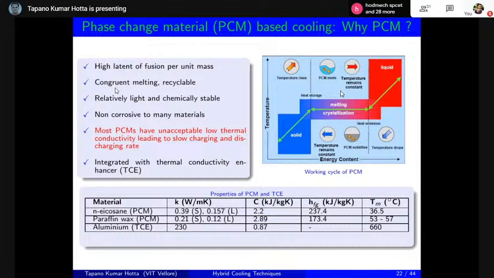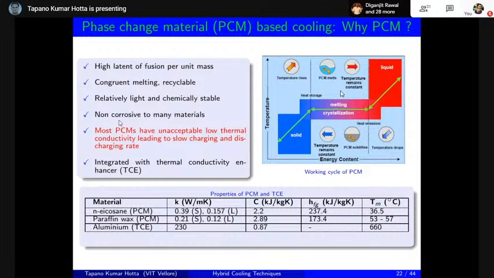So once you use this PCM, it can uniformly reduce the temperature from all corners of the chips. Also it is recyclable, because you are able to convert solid to liquid phase and liquid to solid phase, and this can be recycled also. And this is very light. Maybe I will show you in the next slide how you do the characterization. This is very light, and chemically it is also stable.